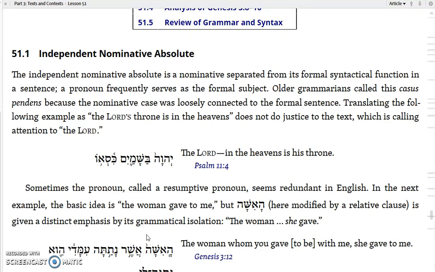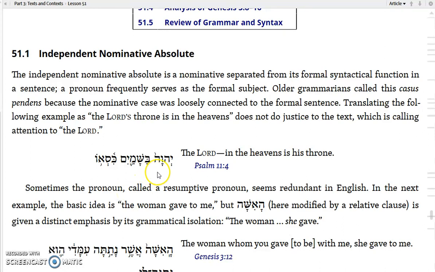But anyway, here you have an example in Psalm 11 and verse 4. Adonai b'shamayim kis'o. Literally, you have the Lord in the heavens, his throne.